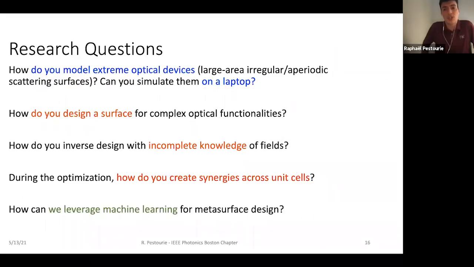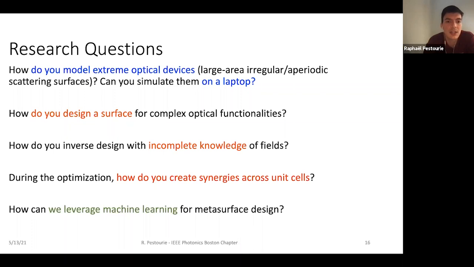So my research questions, and I hope I motivated them well enough, are the following. How do you model extreme optical devices? By this, I mean very large, aperiodic, but with very small features. And can you do it on a laptop, or at least not requiring a cluster or a supercomputer?